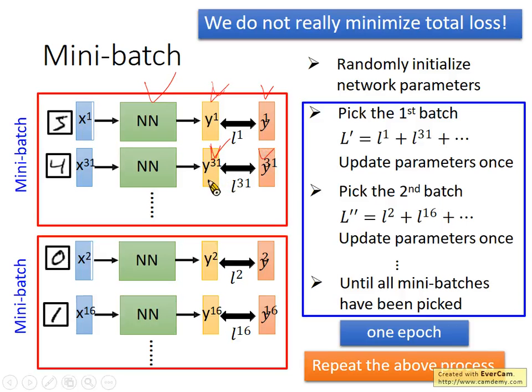For example, if right now we have 1,000 training data and 1,000 ground truths, conventionally we put all these 1,000 training data into the neural network, get 1,000 predicted results, calculate the loss, and then sum all the 1,000 losses together. So this is the traditional way.